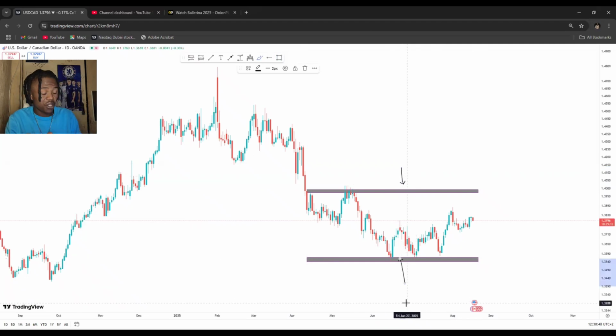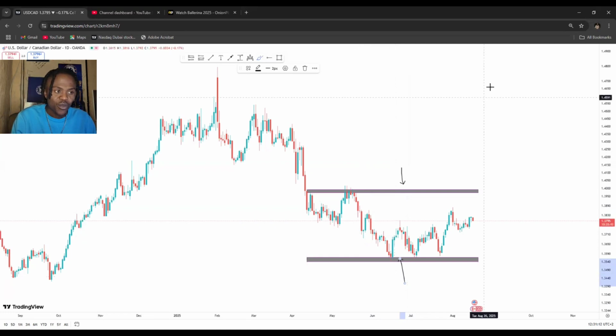With that being said, our price is in some type of sideways movement. Without me having to say price is in a range, we've marked up our highs and our lows just to show you how price has been moving, and you can clearly understand that price is in a sideways movement.